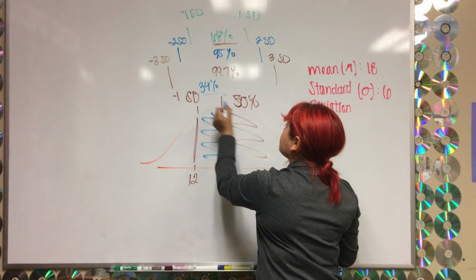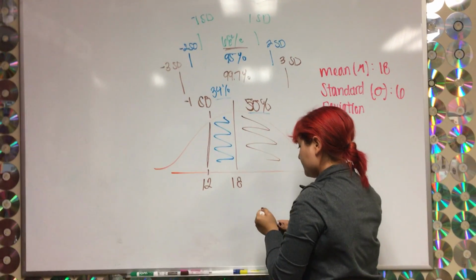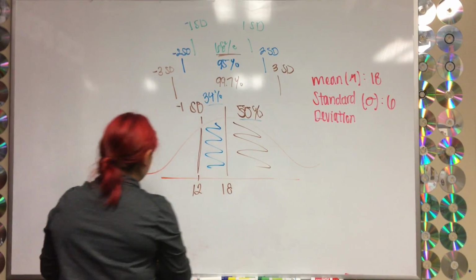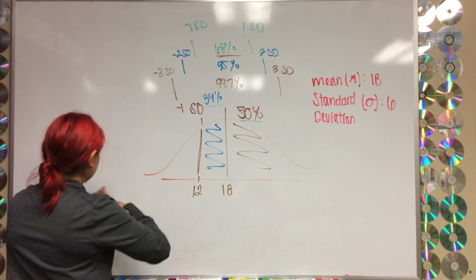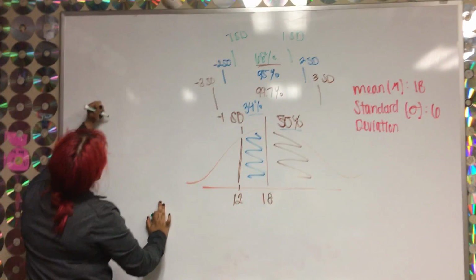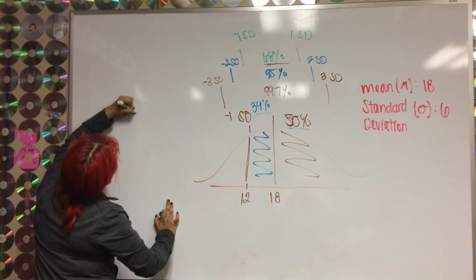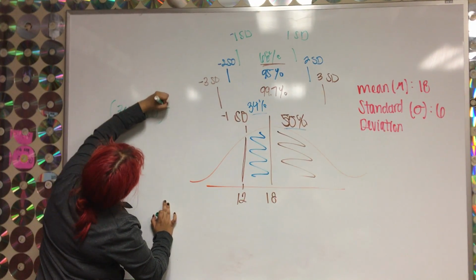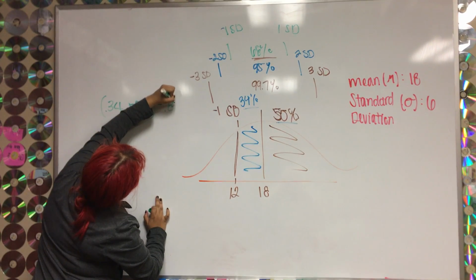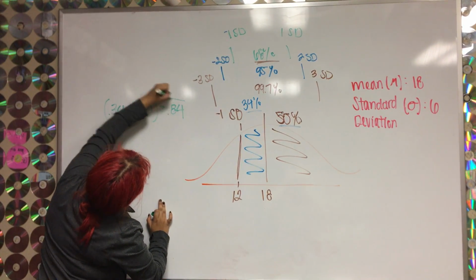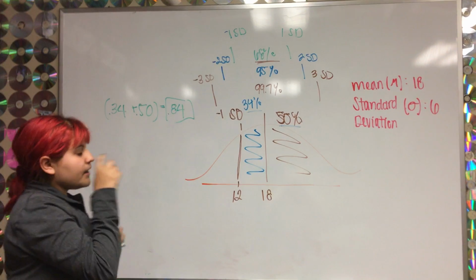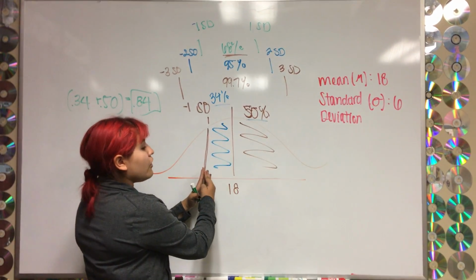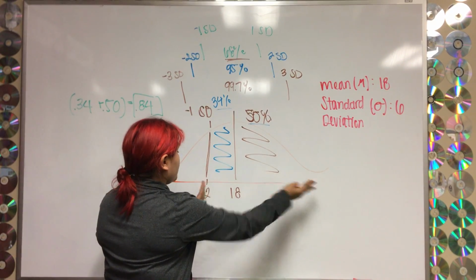So we can add these two numbers together. Well, first we should convert them into decimals, and we'll do that right over here on this side. So 0.34 plus 0.50, that's 0.84, yes, 0.84. Now, that's not what the question asked, because this is all the data from the right of 12.